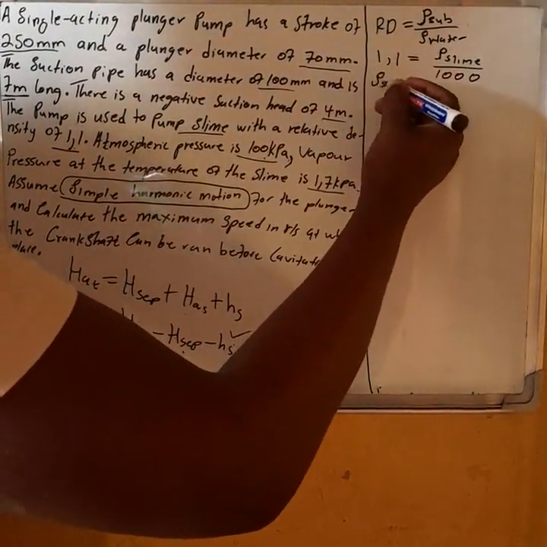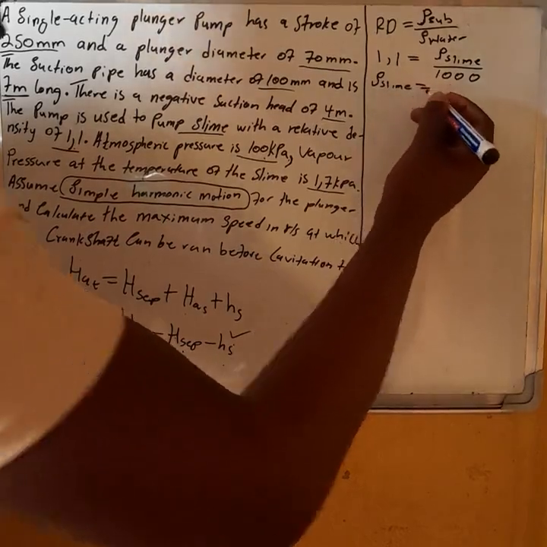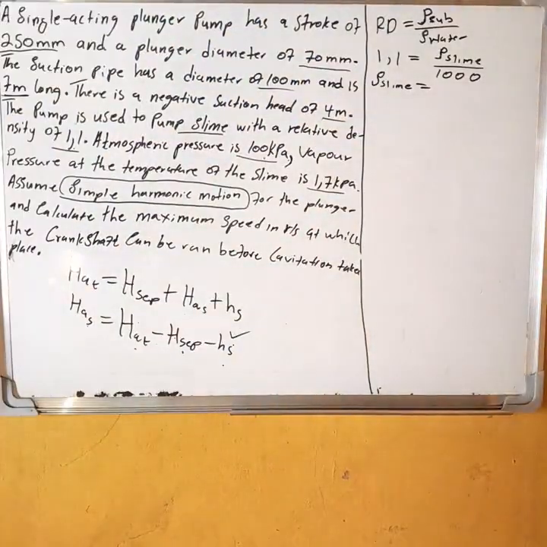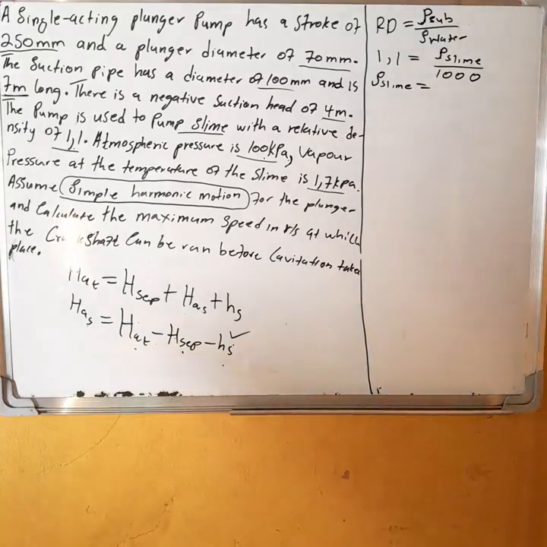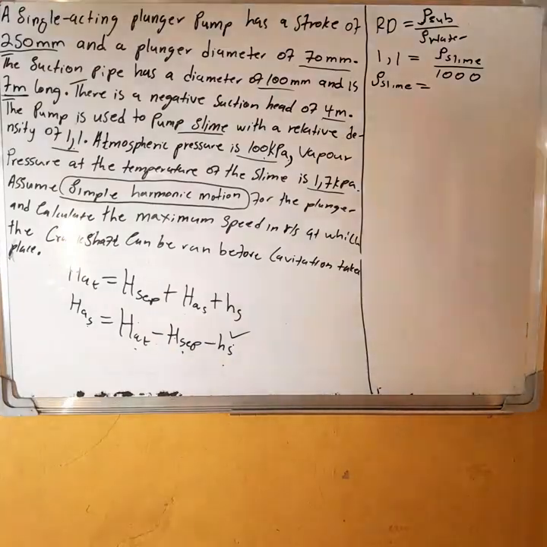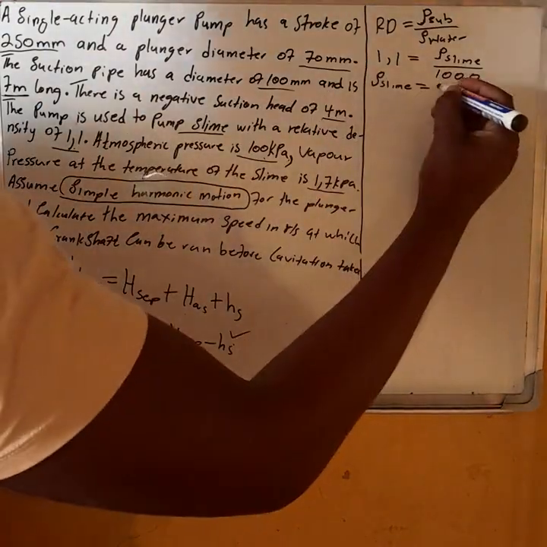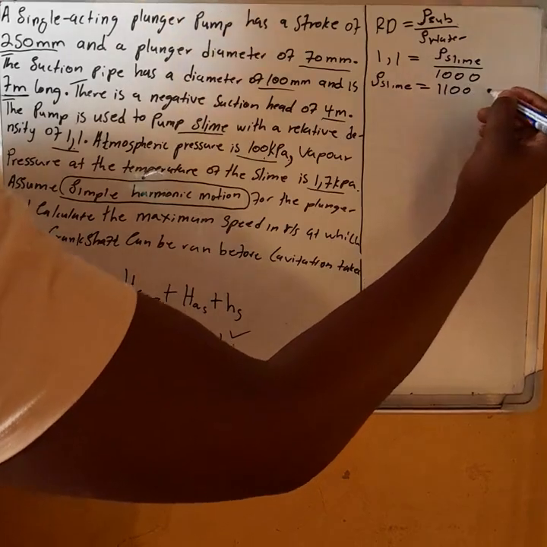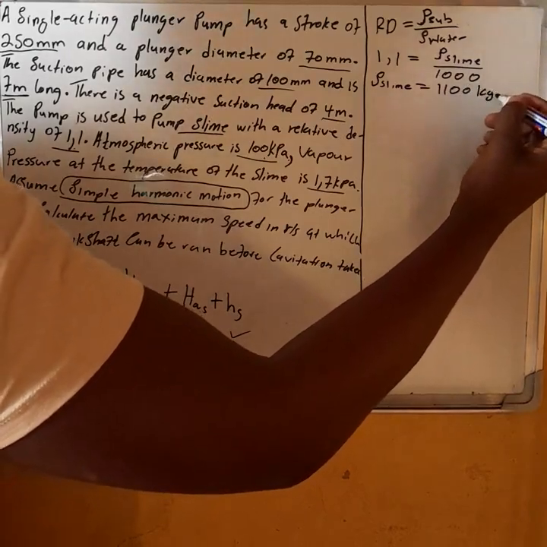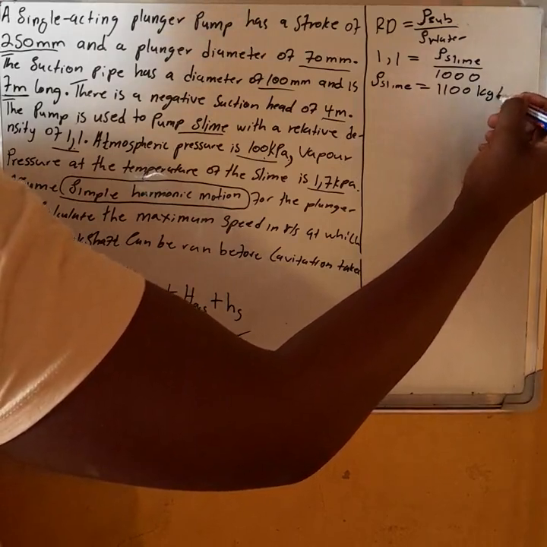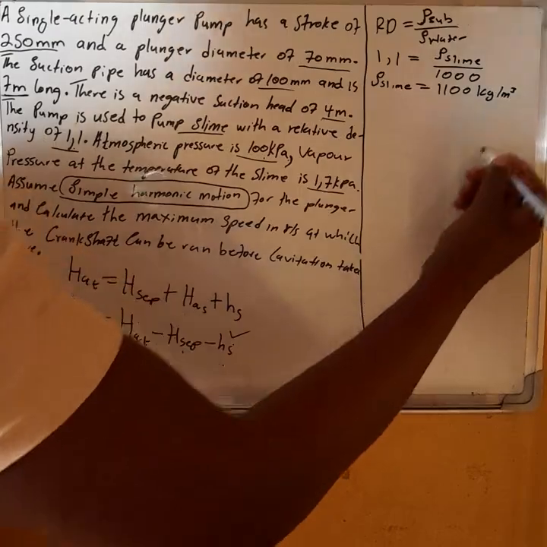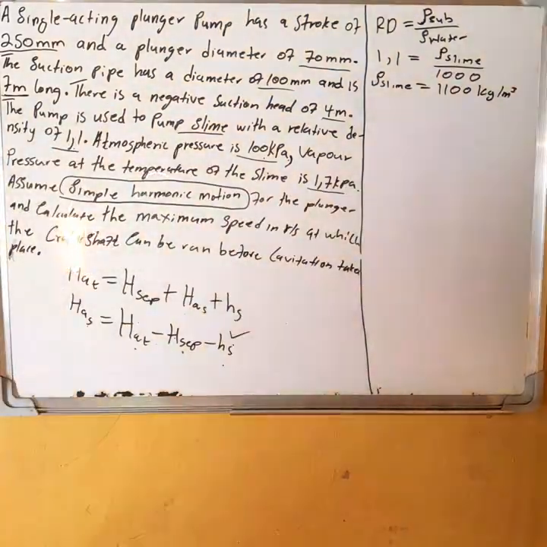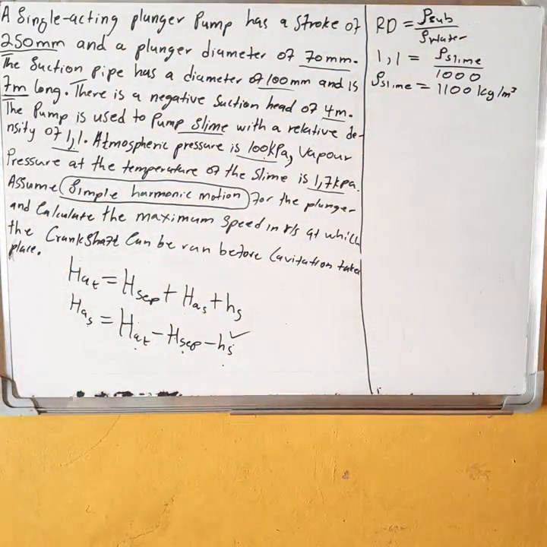Rho lime must be equal to 1.1 multiplied by 1000, you get 1100 kg per cubic meter. This is density. Now we have the density.